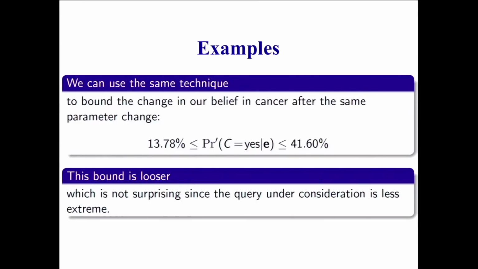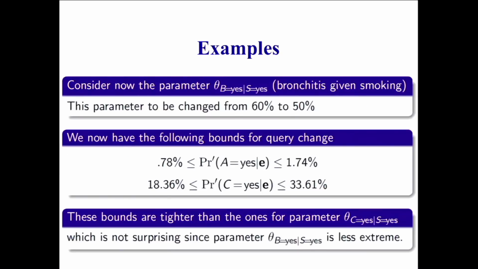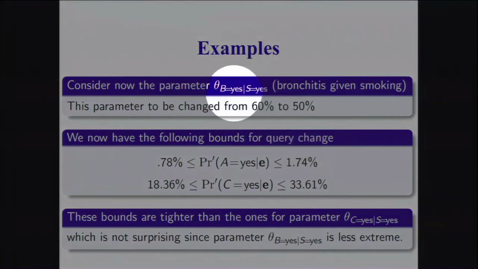And now let's do the same thing for these two queries, but changing a different parameter. The different parameter would be this guy. This is a different parameter, B, yes, given S, yes, that's bronchitis given smoking, which is currently at 60%. So it's non-extreme. And I want to change it to 50%. You do the same thing, like what you get.